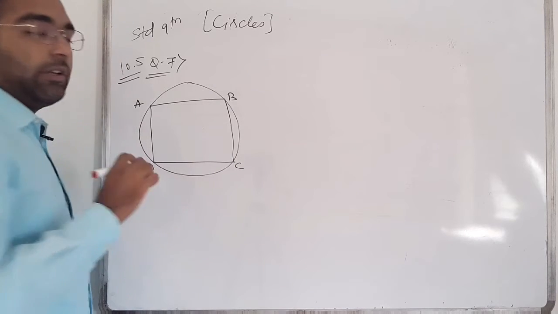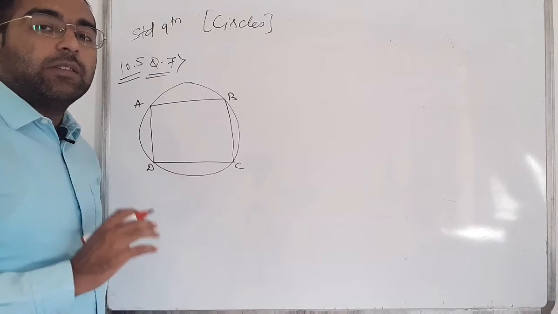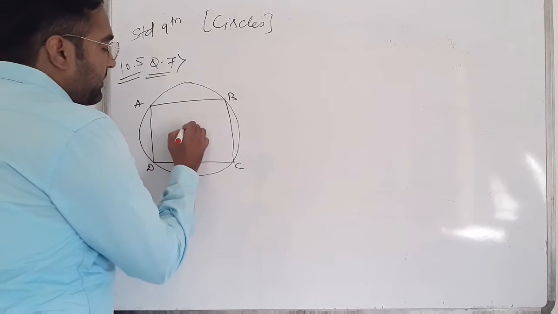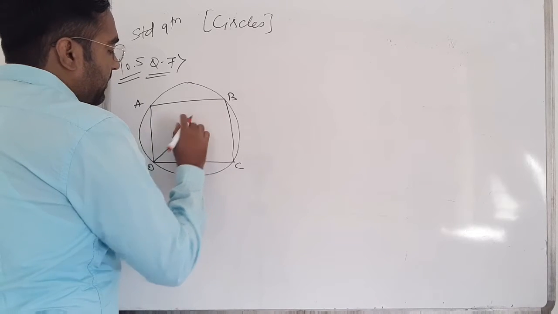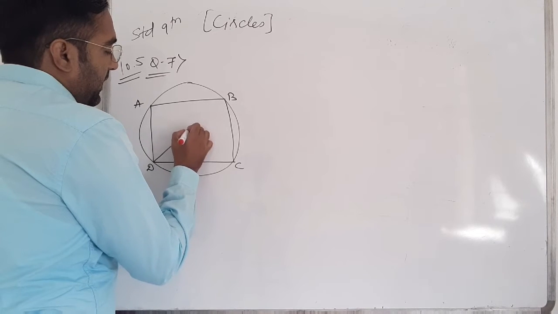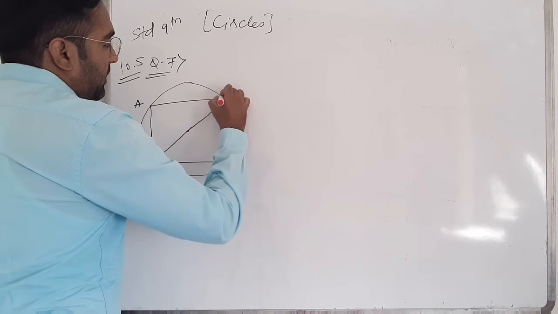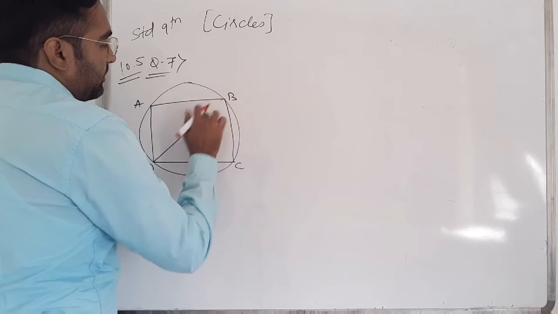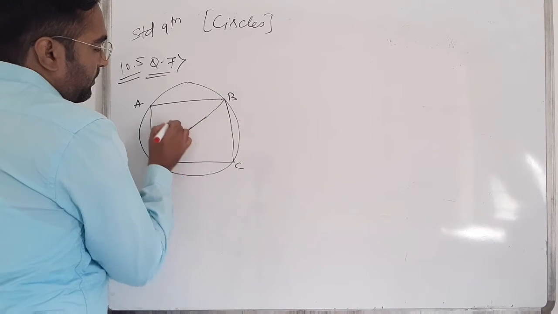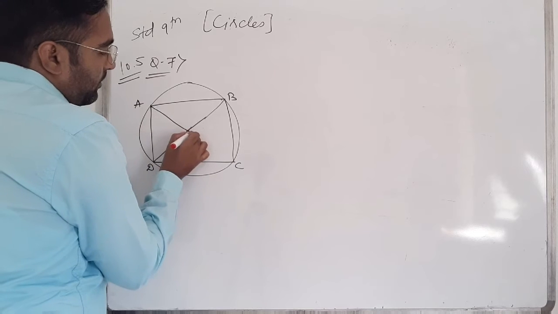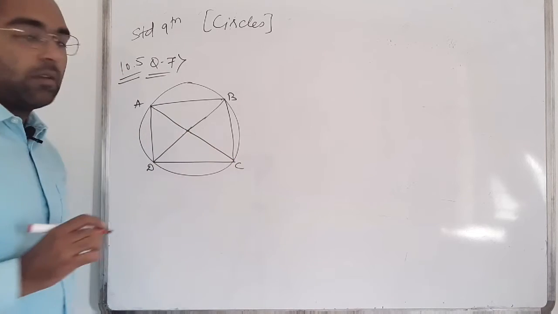This is my cyclic quadrilateral, in which the diagonals are the diameters of the circle.